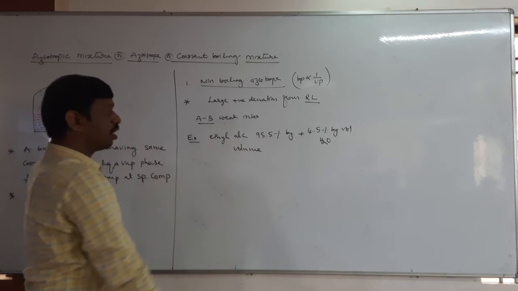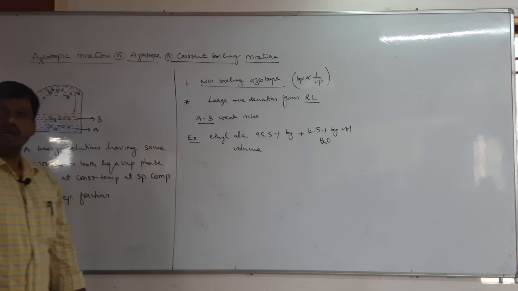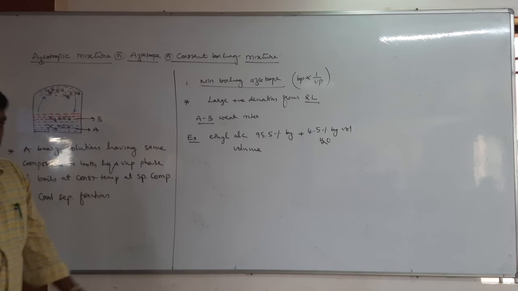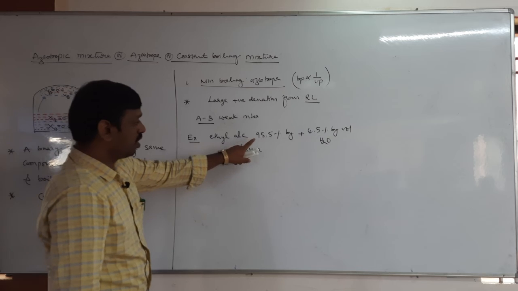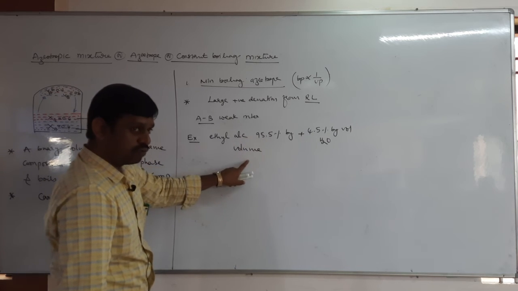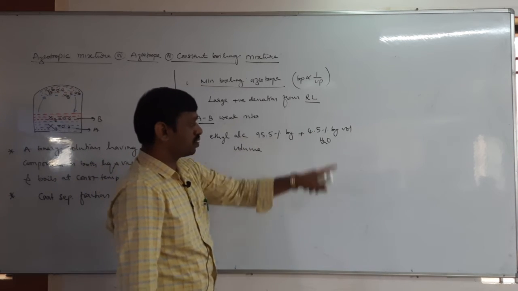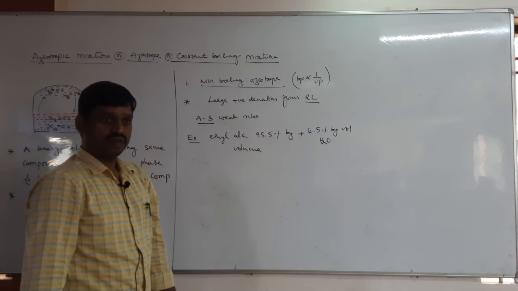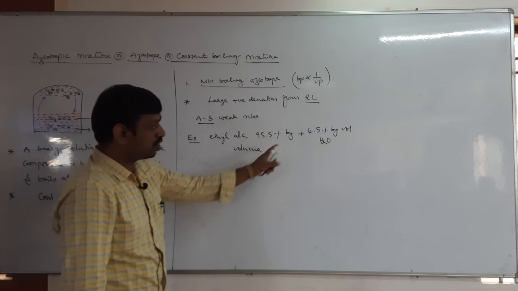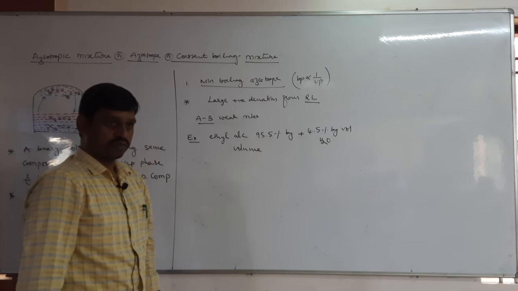At this particular composition only, it acts as an azeotropic mixture. So ethyl alcohol must be 95.5% by volume and water must be 4.5% by volume. So this composition is an azeotropic mixture.